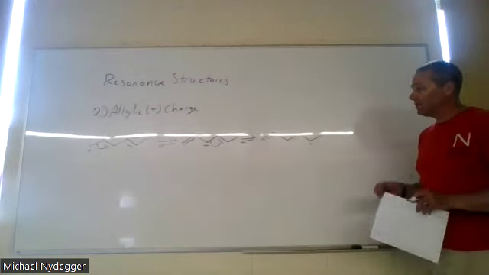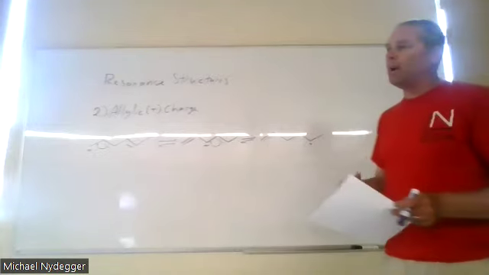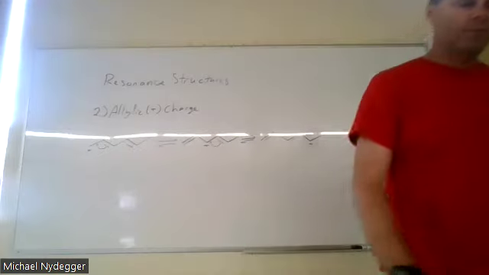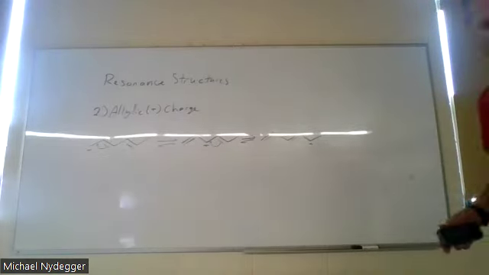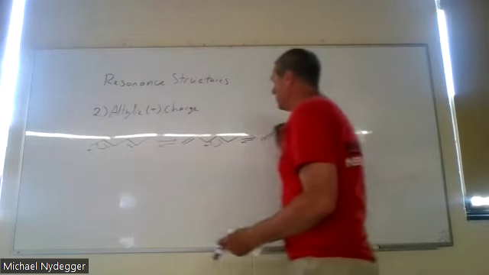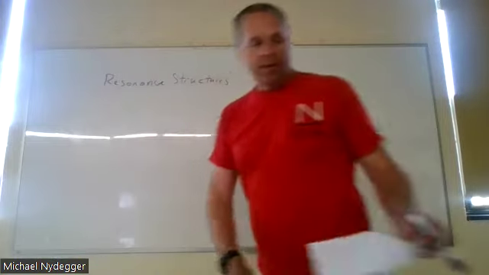All right. So these are just simply patterns that you can recognize when you're looking at resonance structures. That's number 2. And we have number 3.